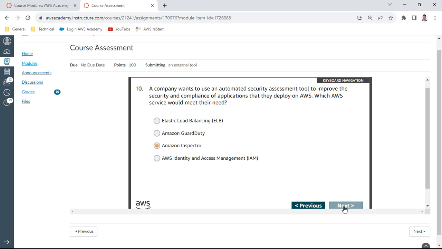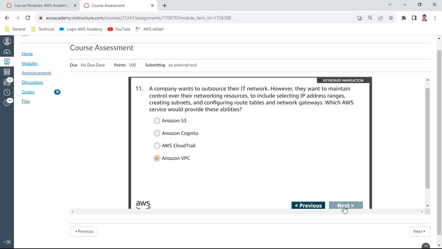Which AWS service would meet their need? That is Amazon Inspector. 11th one: a company wants to outsource their IT network. However, they want to maintain control over the networking resources, including selecting IP address ranges, creating subnets, configuring route tables, and network gateways. Which AWS service would provide these abilities?